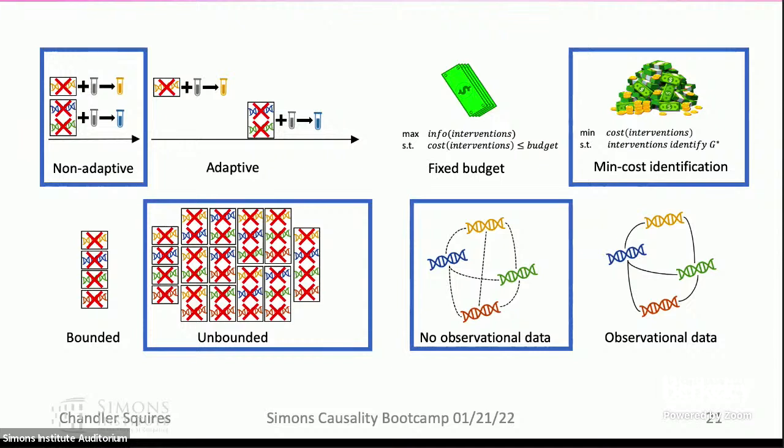Previously we talked about bounded size interventions, so interventions where we only have a single intervention target. Now we're going to talk about interventions of unbounded size. So this is where the intervention can have multiple targets.